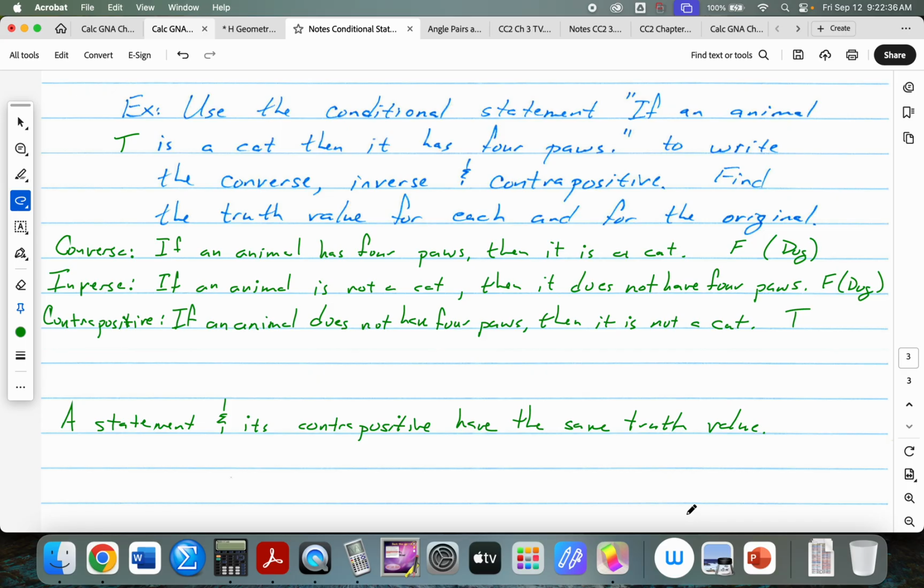They are logically equivalent. A converse and an inverse are also logically equivalent.